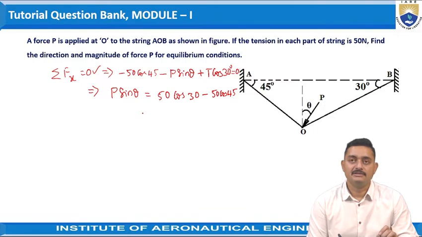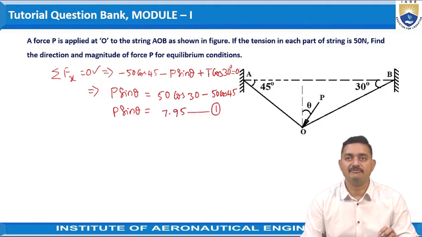If you solve this, you will get P sin theta is equal to 7.95. So keep this as equation 1.